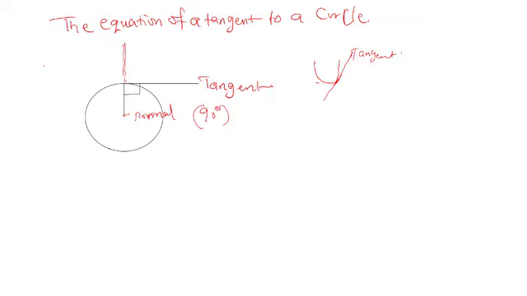Now, last time we talked about the equation of a circle. Now let's talk about the equation of the tangent. We had proved that the equation of the tangent is x x1 plus y y1 plus g(x plus x1) plus f(y plus y1) plus c equals 0. This was gotten from the equation of a circle.